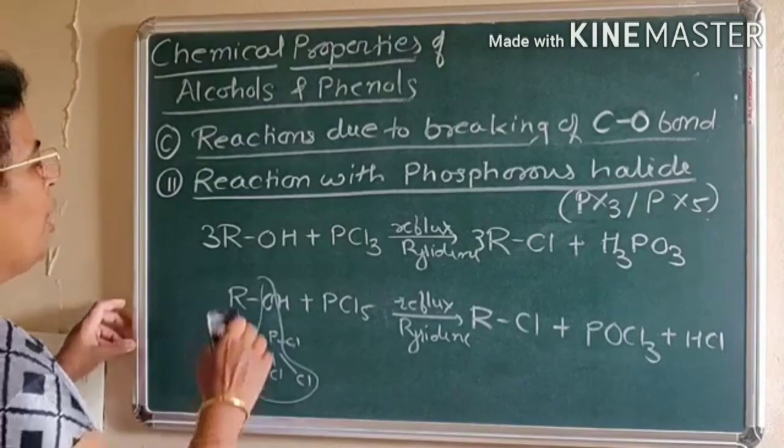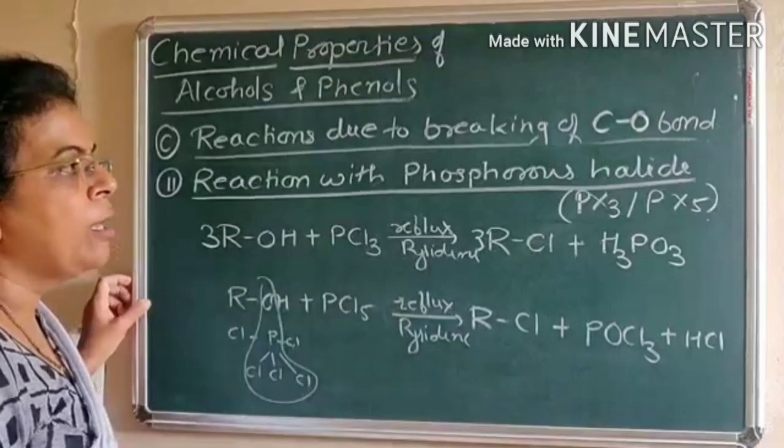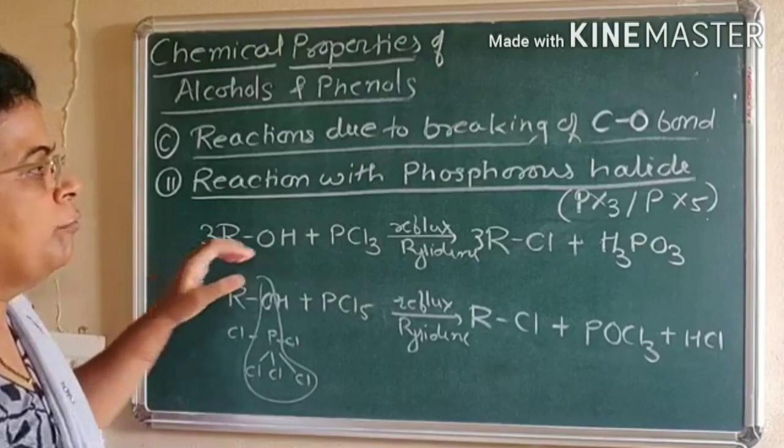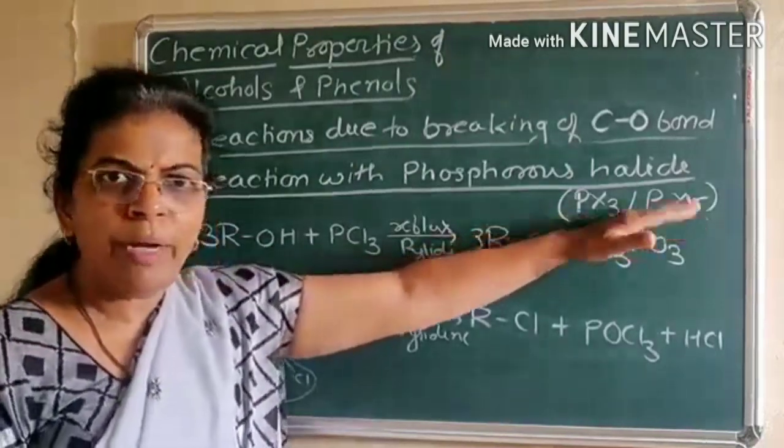Now here we are going to see formation of alkyl bromides and alkyl iodides using phosphorus trihalide and phosphorus pentahalide.